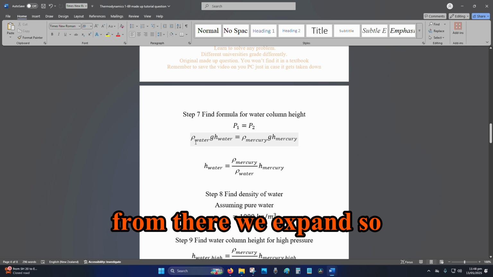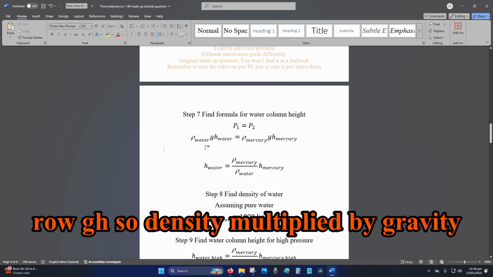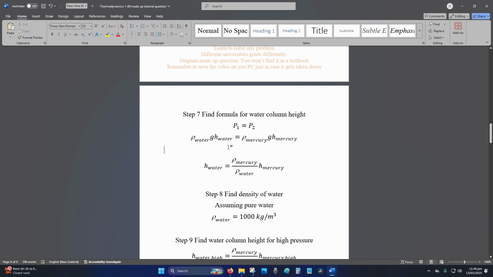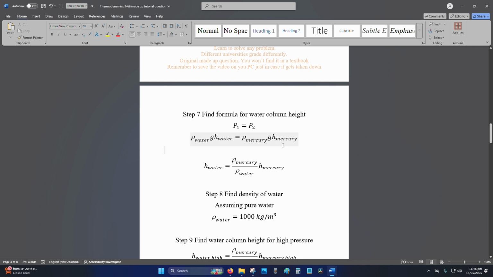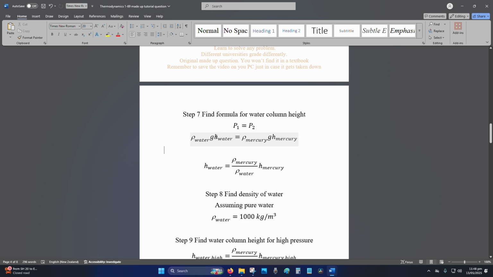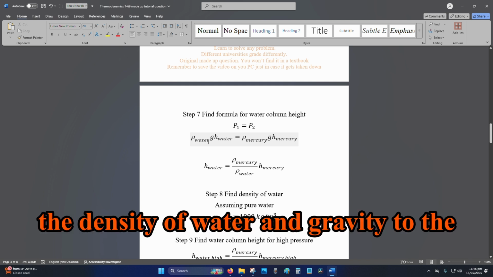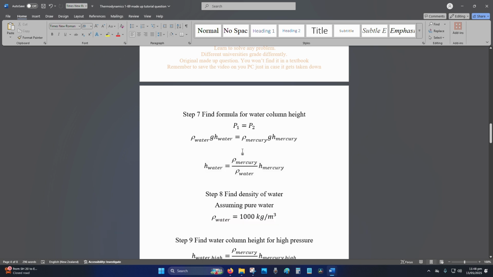From there we expand. So once again it is rho gh, so density multiplied by gravity multiplied by height. And we've got water on one side, mercury on the other side. We make water height the subject, so we bring the density of water and gravity to the other side by dividing both sides.